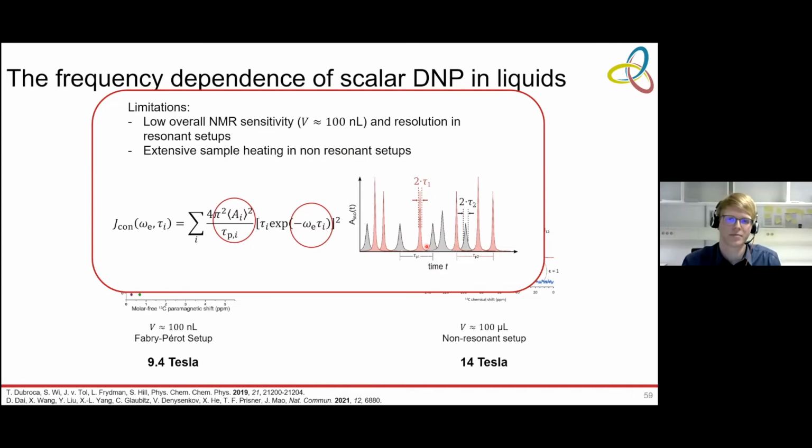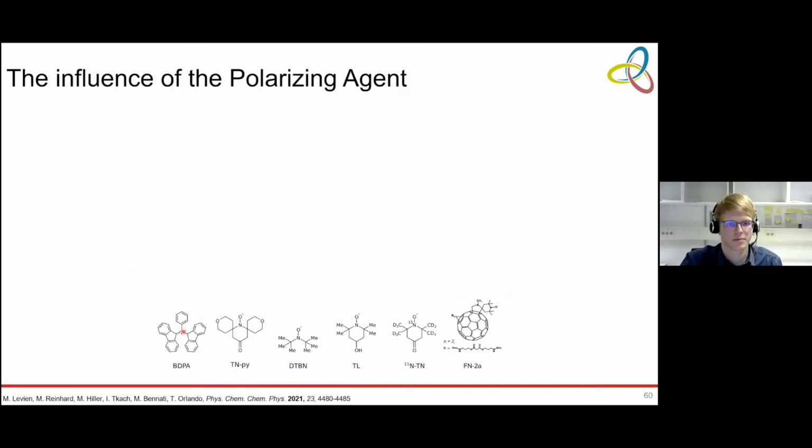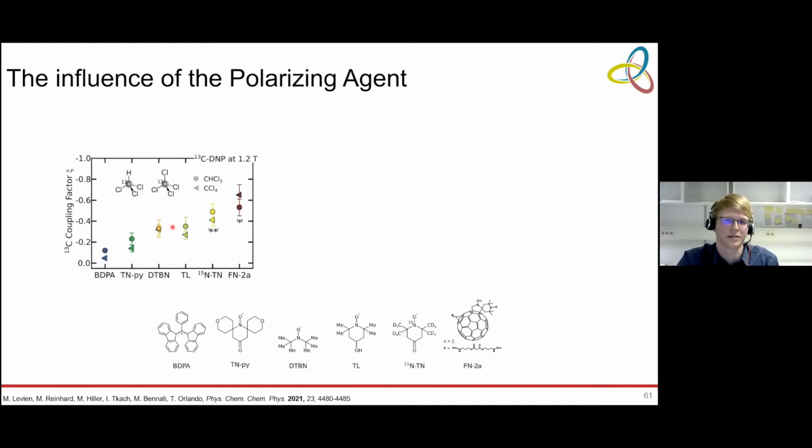We looked at different polarizing agents, and you see here BDPA and different nitroxide derivatives. We went to 1.2 Tesla, measured all the Overhauser parameters, and obtained the coupling factor. We did this for chloroform and CCl4, and you can see that there is a trend. So there is some kind of dependency on that.